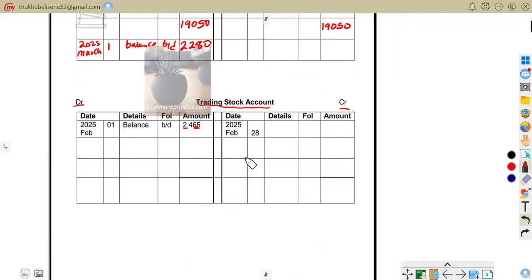It means that on the 30th, we have a bank CRJ of 9,650.